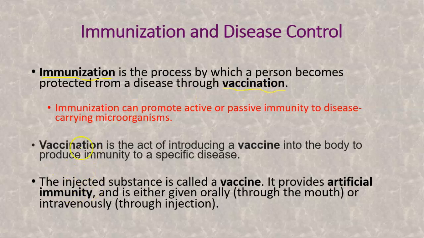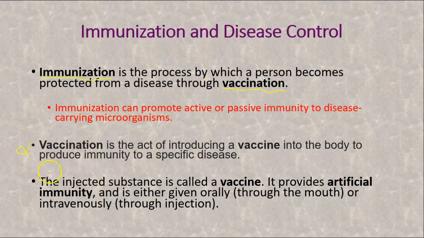As is rightly stated down here, immunization is a process by which a person becomes protected through vaccination, and vaccination is the act of introducing a vaccine into the body to produce immunity to a specific disease. So vaccination is a process by which the vaccine is introduced into the body. Immunization is a process of becoming protected.